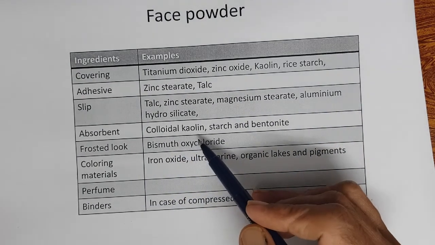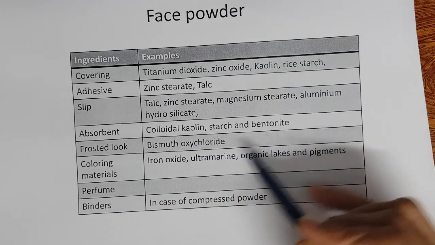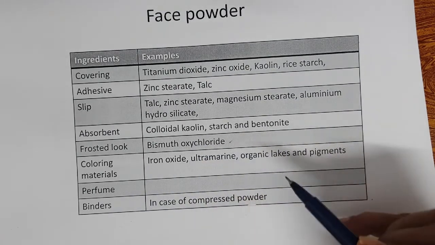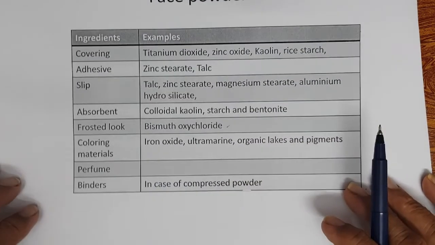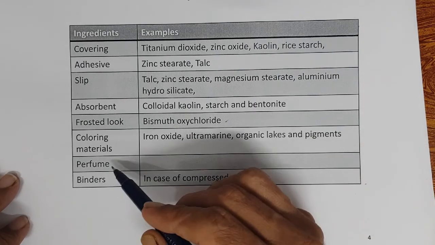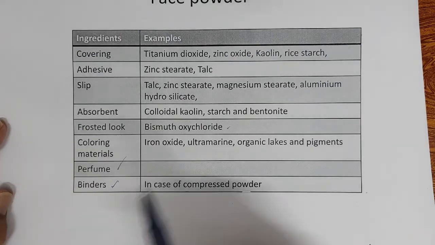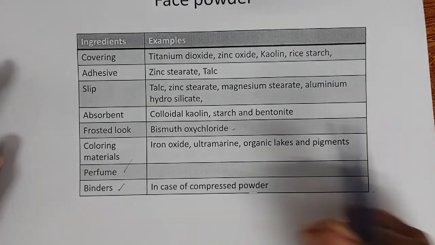Adsorbent to absorb the excess oil, colloidal kaolin, starch, bentonite. Frosted look, bismuth oxychloride. Coloring materials, iron oxide, ultramarine, organic lakes and pigments. Perfume and binders. We discussed this in detail in part 86.